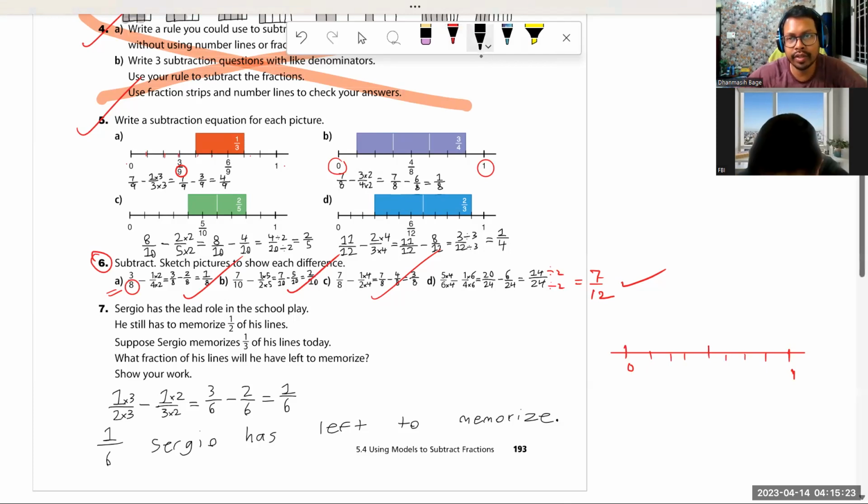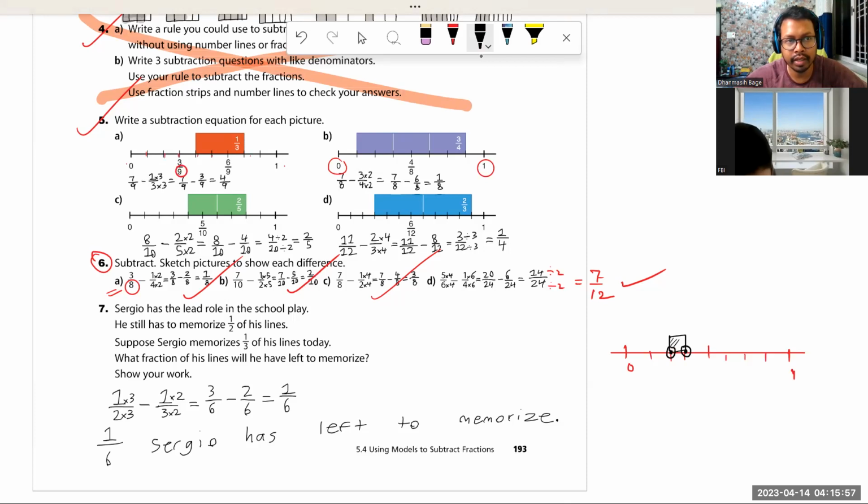And just see this thing. Once you have done this thing, first number is what? 3 over 8. Next number is what? 2 over 8. And if you subtract this thing, 3 over 8 minus 1 over 8, this will be the answer.